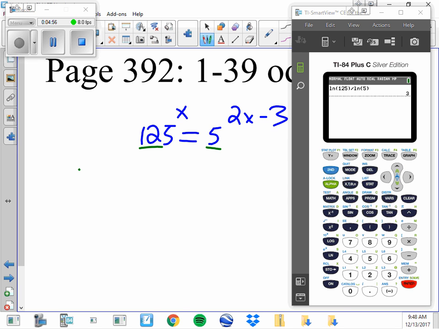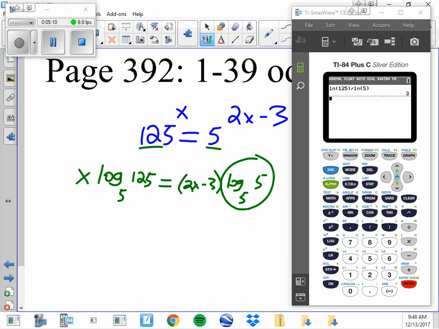So if I do x log base 5 of 125 equals 2x minus 3 log base 5 of 5, then this becomes 1, and this becomes 3. So if you notice that one base can create both of the bases, then it might be a good idea to choose that base. Okay, but you don't have to. We solved it just fine without doing that.